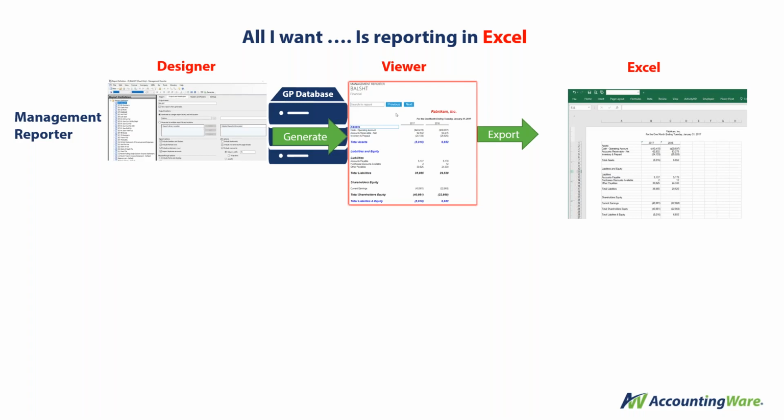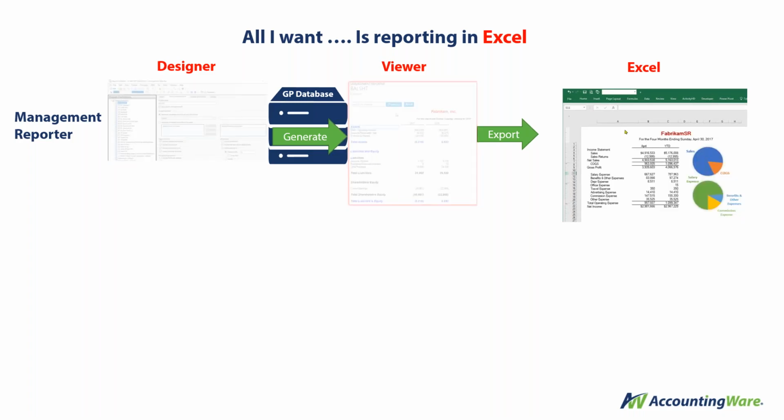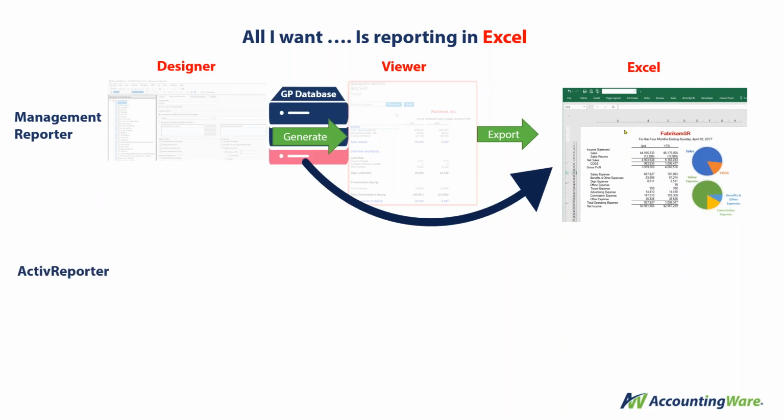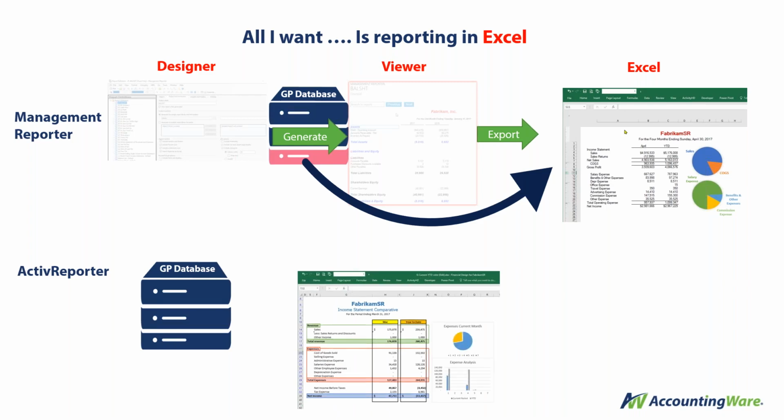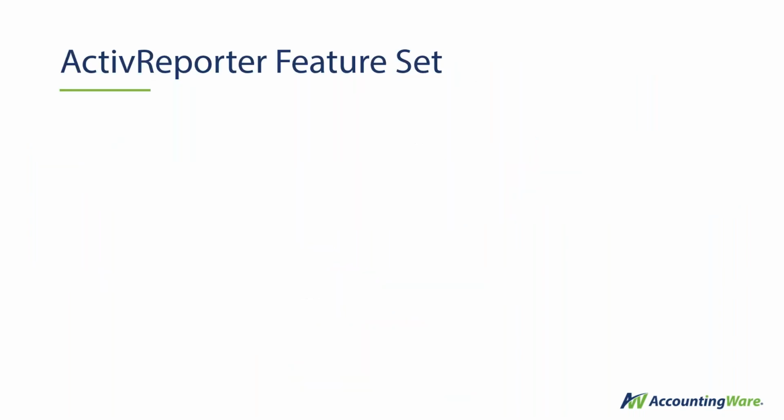But as I just pointed out in the slide before, anytime you make a change to that Excel presentation, and you have a change back in your GP database, then when you regenerate that, you lose your Excel report. You lose your changes to your graph. But with ActiveReporter, you build your spreadsheet. If you have a change to your GP database, the only thing you have to do is hit the F9 key, and it will update your data.